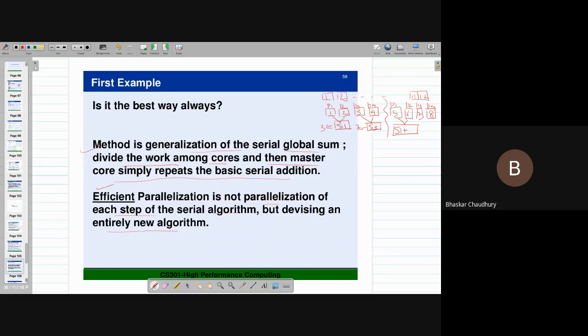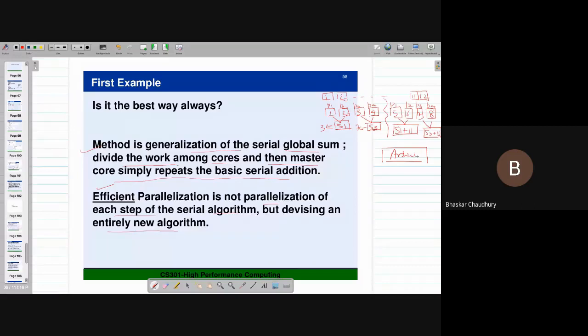So S1 plus 11 here, and P3 and P4 again collaborate and add to what is already there, S3 plus 15 here. Subsequently you can go down, and finally we get the answer. This is another design.